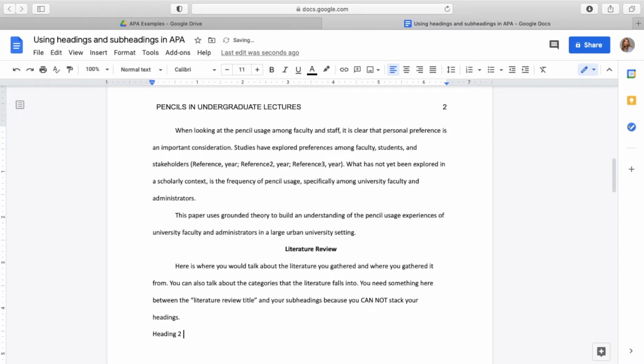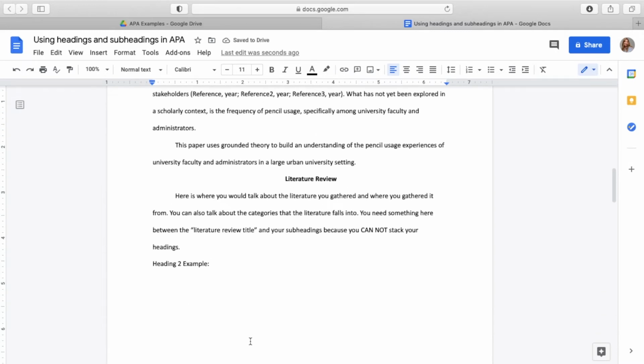Okay, so for heading level 2, you're going to make it flush left, title case, bold, and you start your text underneath. So the only difference between 1 and 2 is that you are putting it flush left instead of centered.